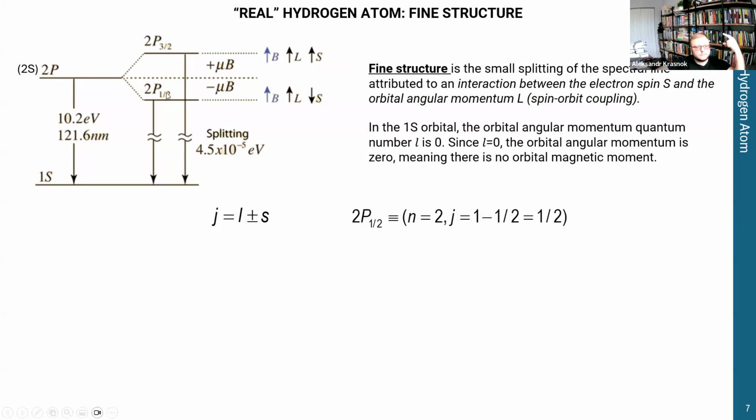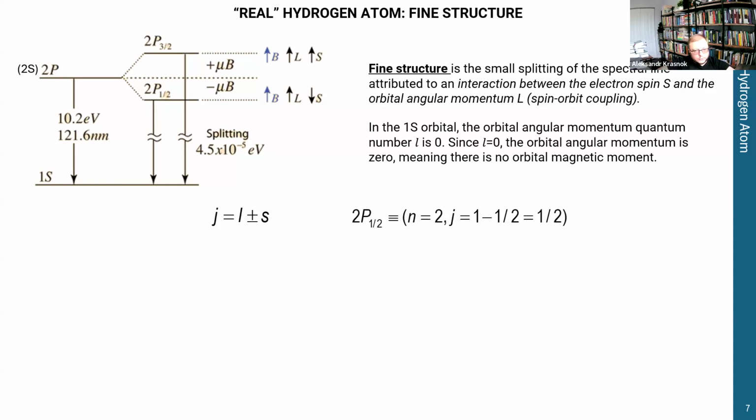Similarly, the second state gets the index 1/2, which is 1 minus 1/2. So this is the way we denote these states.